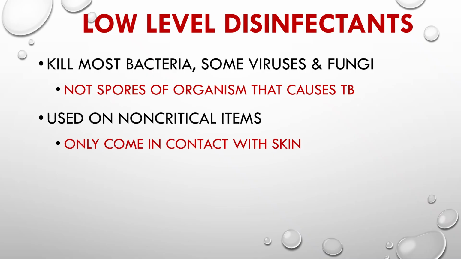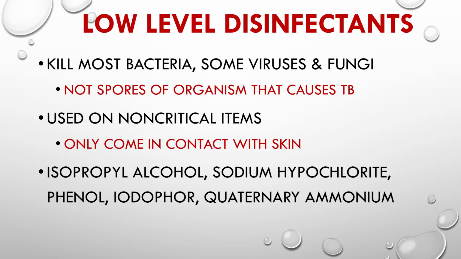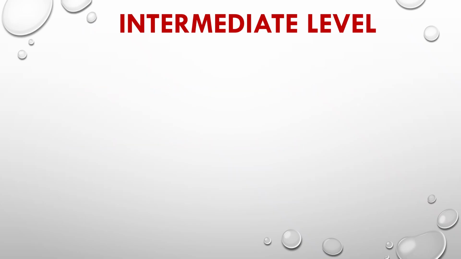So again, using an alcohol wipe to wipe down a stethoscope, that's a non-critical item. It's not penetrating through the skin. So then that could be used in that scenario. I already mentioned the alcohol here. So isopropyl alcohol, sodium hypochlorite, phenol, iodophors, and quaternary ammonium.